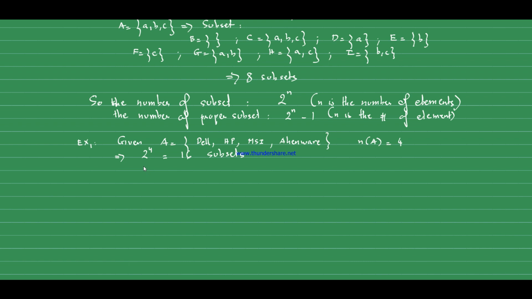However, we have only 2 to the 4 minus 1, only 15 proper subsets. All right, so that is how you find the total number of subsets or proper subsets you can create out of a given set.